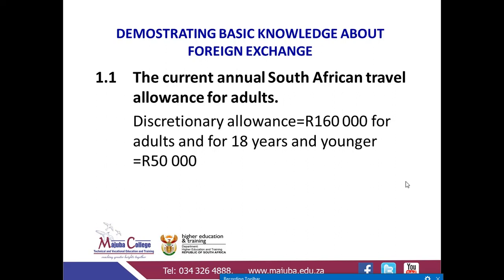In that annexure, you will read through and come across the current discretionary allowance, and you will take that amount given by the examiner. Or if the examiner decided not to give you the amount, you will have no option other than taking the amount that you see in your books. I hope we're together on that one.